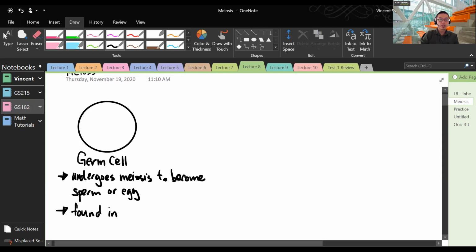It is going to be found in the gonads, the reproductive organs: testes in male and ovaries in female. In there we have these germ cells, which will undergo meiosis to form the gametes.